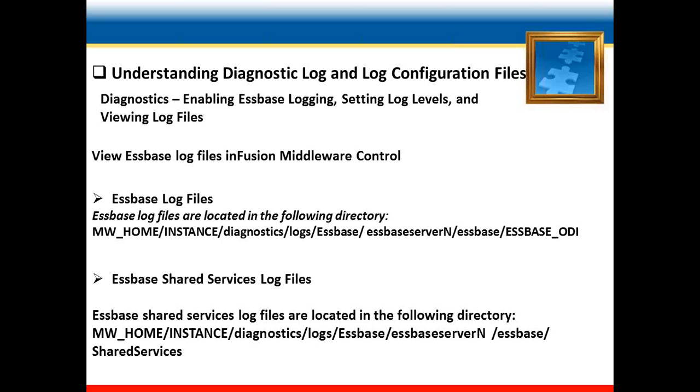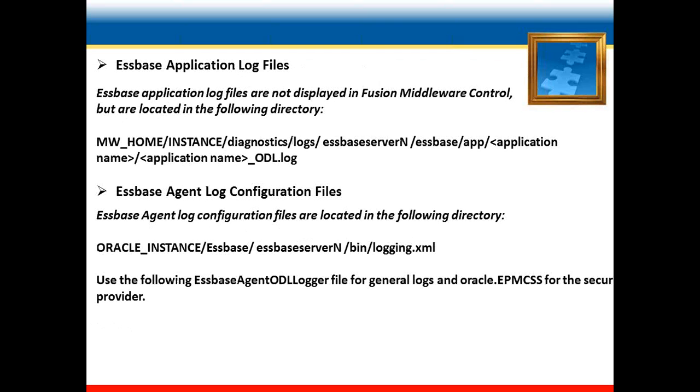Then next, Essbase Shared Services log file. Essbase Shared Services log files are located in the directory under Middleware Home, instances, diagnostics, logs, Essbase Server and Essbase Shared Services. So we can check the Essbase Shared Services log file in this location. And then Essbase application log files.